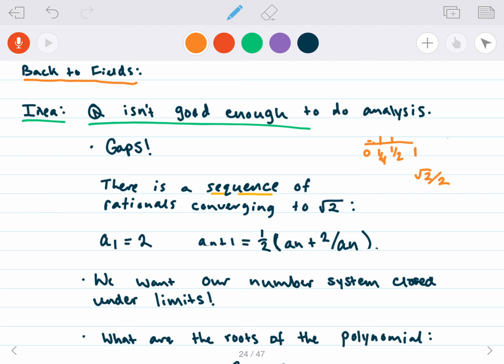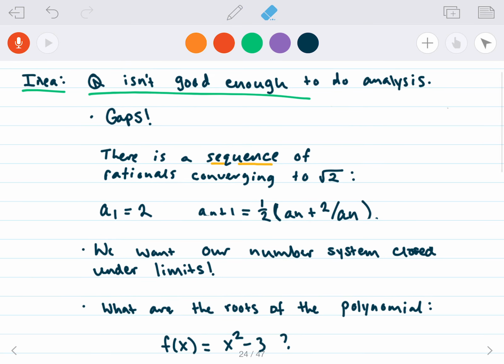So there's not a notion of continuity if we just use the rationals because of these gaps. We also want our number system to be closed under things. In the last video, I talked about rationals and reals being closed under addition and closed under multiplication.